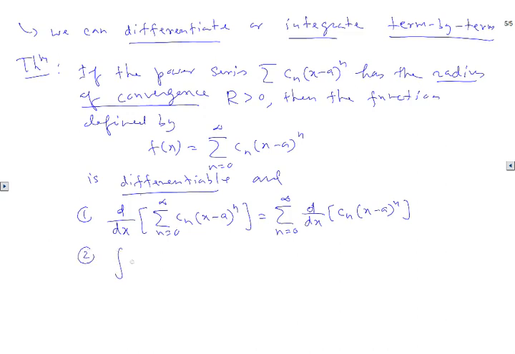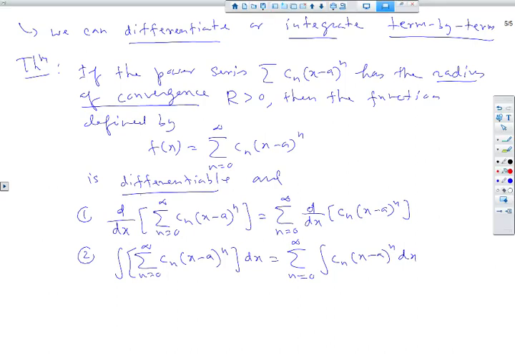So you can integrate sigma n going from 0 to infinity, c n x minus a to the n dx, equals sigma, we switch the sigma and the integral. So you can integrate first, c n x minus a to the n dx. You just need the power rule. So that's the major result: you can differentiate a power series and you can integrate a power series. It's a very powerful result, and we can use this a lot.